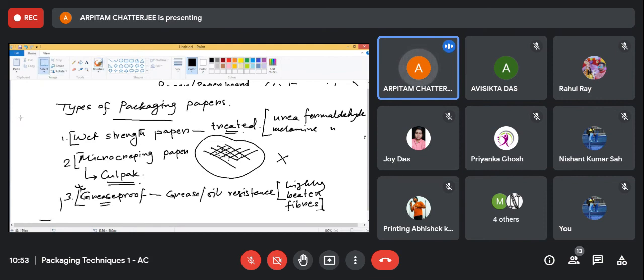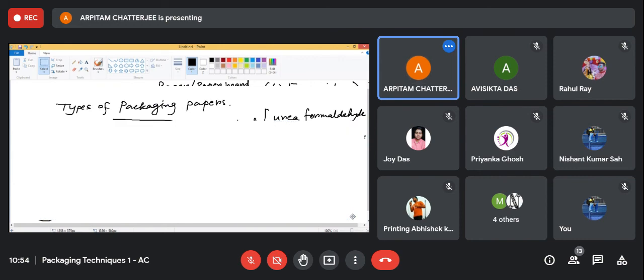The next paper that we will see also has the same kind of purpose, but it is much stronger, meaning it has higher strength, and it is called glassine paper.